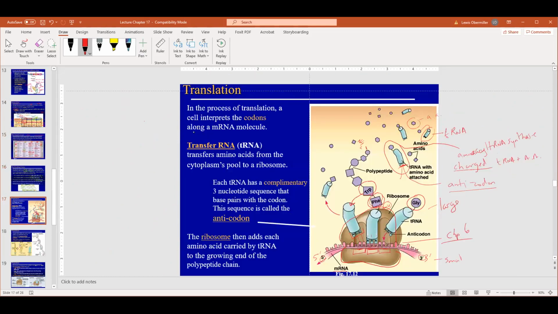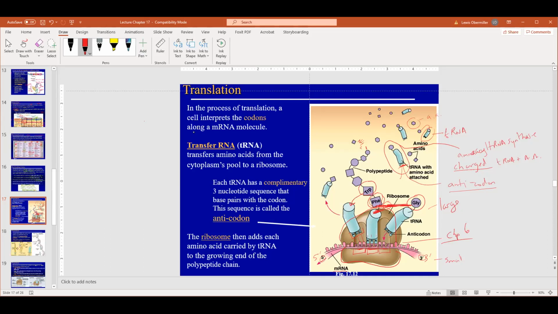All right. So the charged tRNA is going to match with this anticodon. Once it binds in there, there's going to be a hydrolysis to cut this bond from the tRNA, and then a dehydration reaction to link these two together.